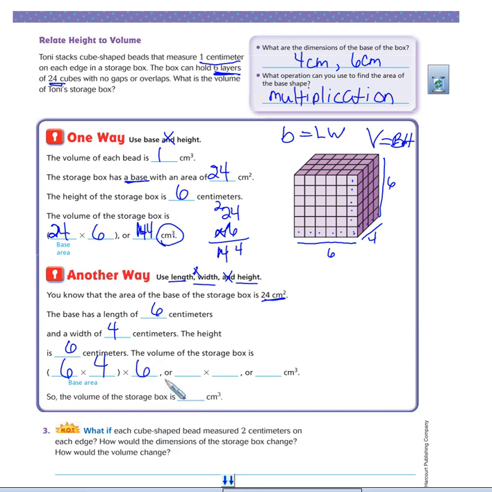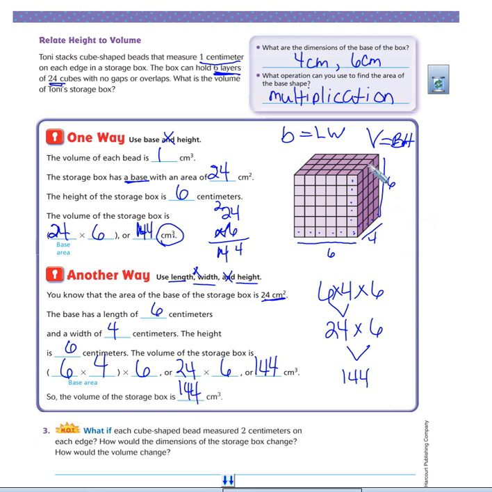Or we could set this up like a numerical expression, 6 times 4 times 6. So then I have 24 times 6, or now, because I've already done the math, I can tell you that this is 144 centimeters cubed. So the volume of the storage box is still 144 centimeters cubed.